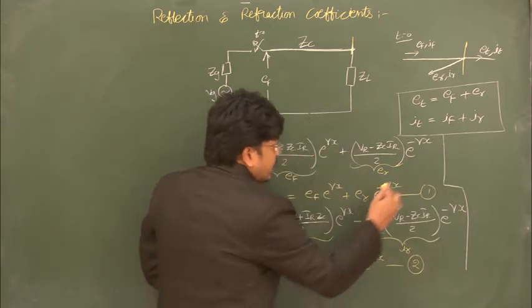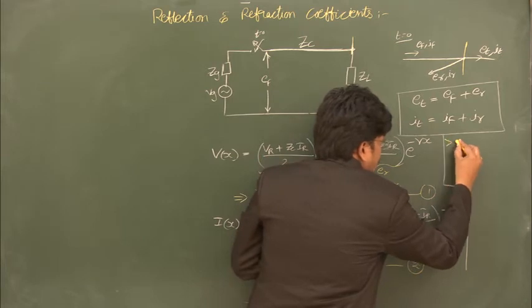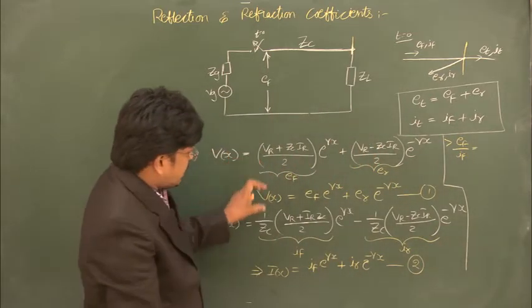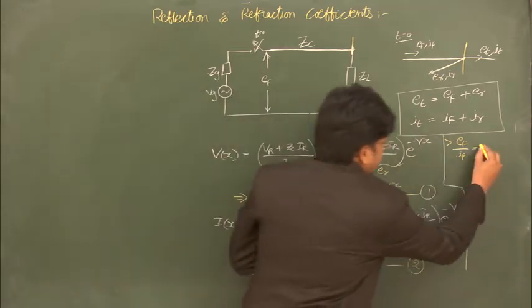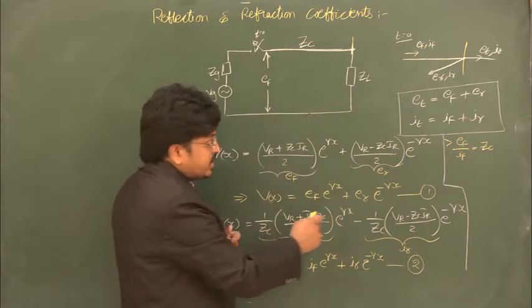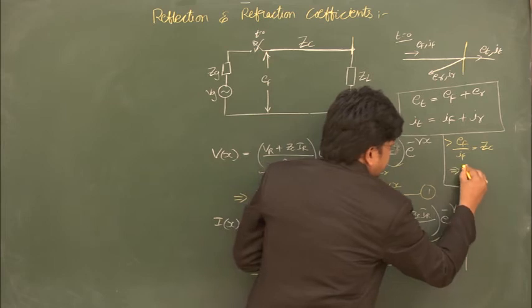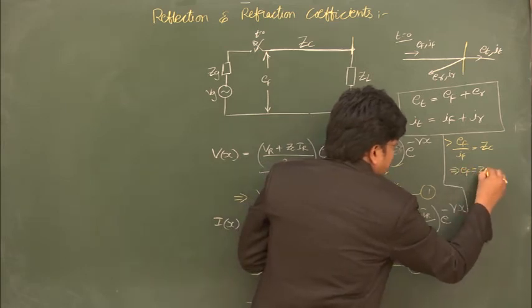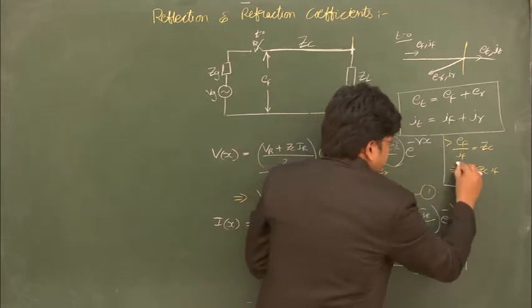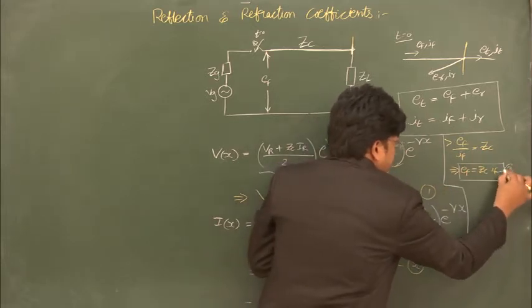From this I have taken the relation EF by IF equals this term divided by this term. So finally we will get Zc. This term cancels, and 1 by Zc becomes Zc. So from this we can write EF equals Zc into IF. Let this be equation number 3.